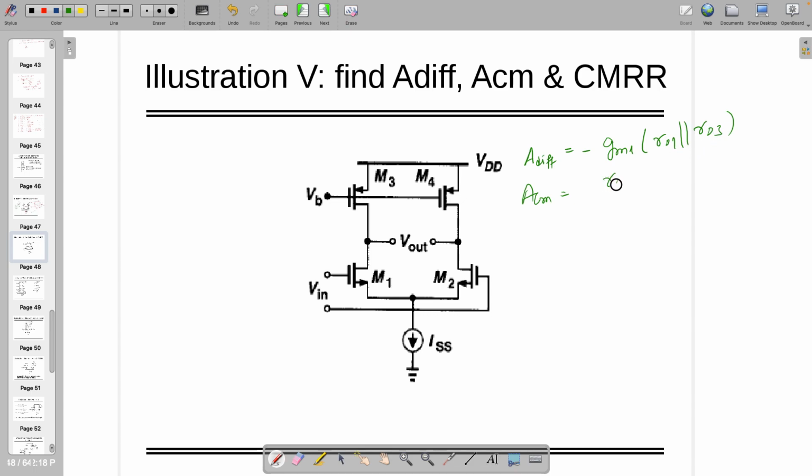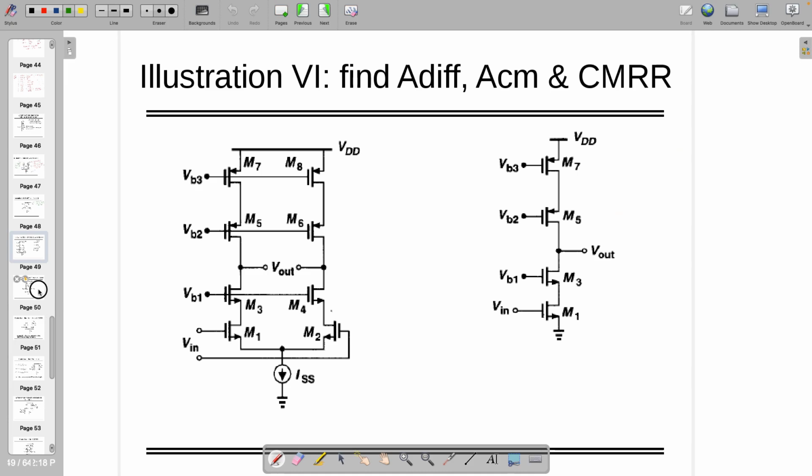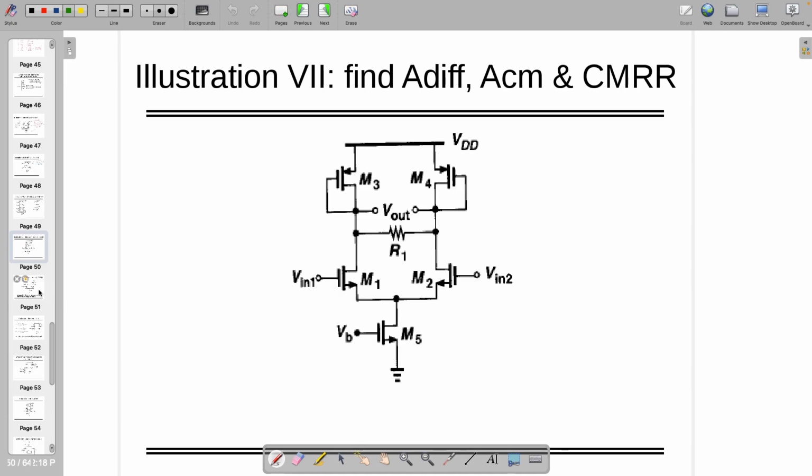R0 1 by 2 in parallel with the 2GM1, R0 1 by 2 into RSS. This has to be RO3, right? Divided by RSS plus 1 by 2 GM1. Very good. So CMRR is already there. Okay. There is no problem. Okay, now let's solve this one. Differential gain for this one. A diff.